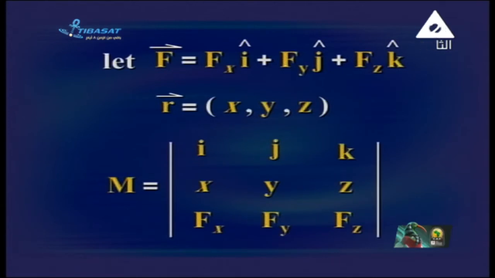Remember, my dear student, what do you mean by Fx? The component of the force in the x-axis. What is the component of the force in the y-axis? Fy. What is the component of the force about the z-axis? Fz.